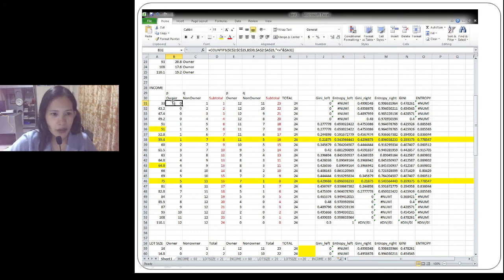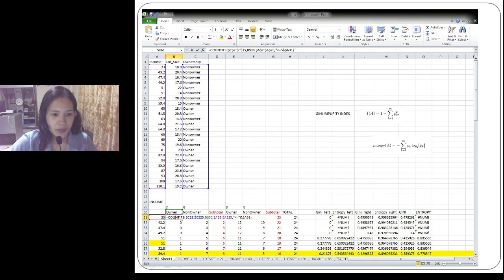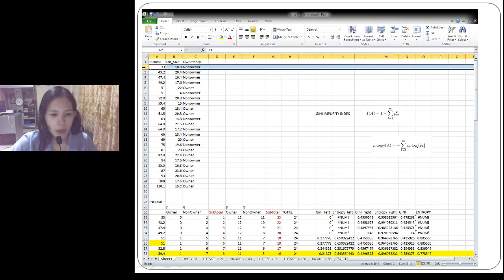We use the COUNTIFS formula, and we simply count the number of owners in our data set whose income is less than or equal to 33. There is none, so 0. And the non-owner for less than or equal to 33 is 1.